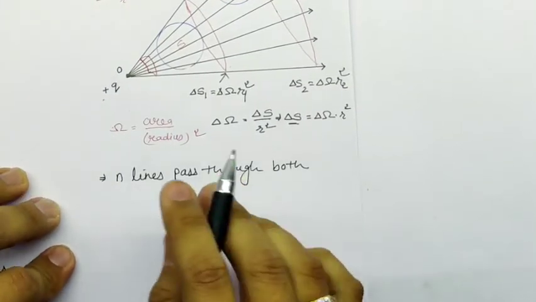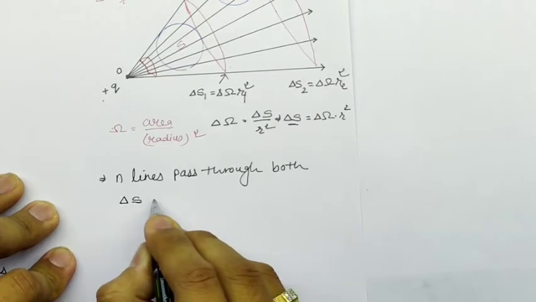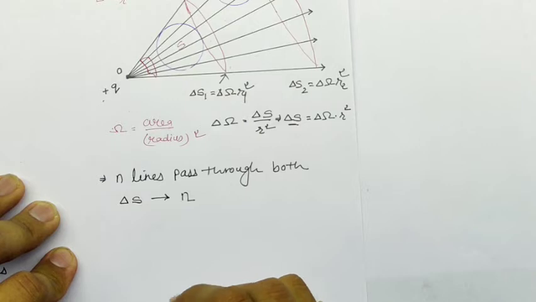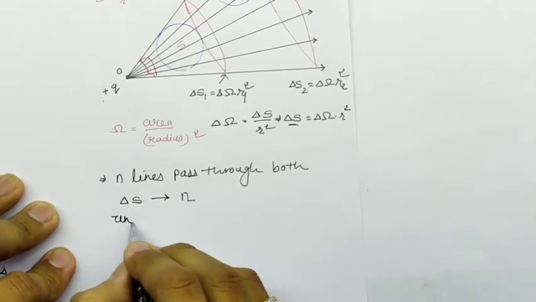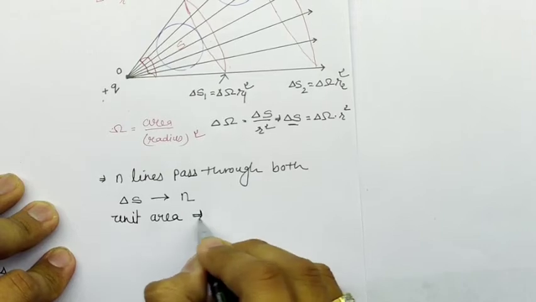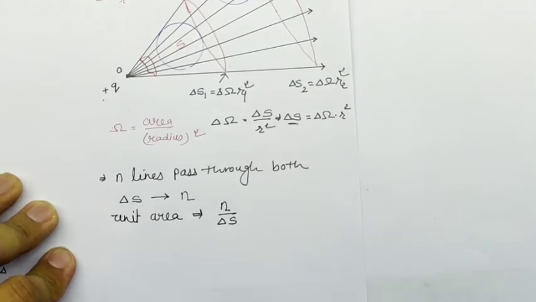Now, if the area delta S allows n lines, then unit area allows n divided by delta S lines.